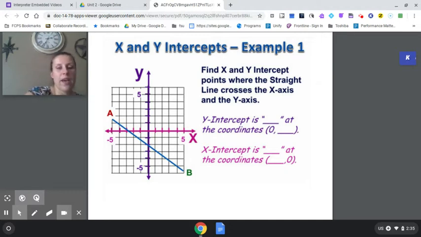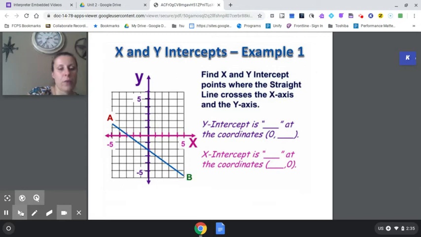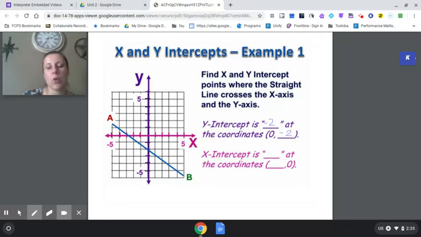So if I go ahead and focus on this vertical axis, the Y-axis, we see that it touches right here at negative 2. So our Y-intercept is negative 2. But we should be able to write that as a coordinate. We do not move left or right, so our X value is 0, and then we move down 2. So the Y value is negative 2. So our coordinate is 0, negative 2.